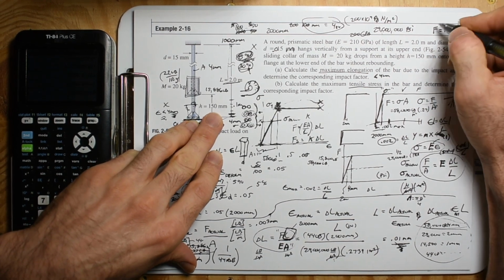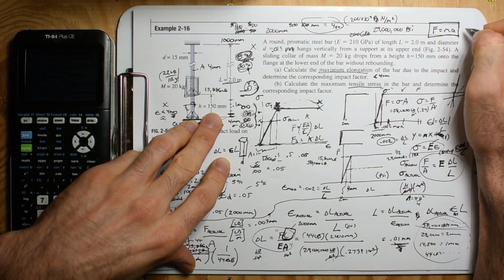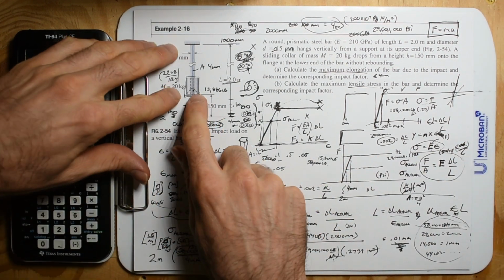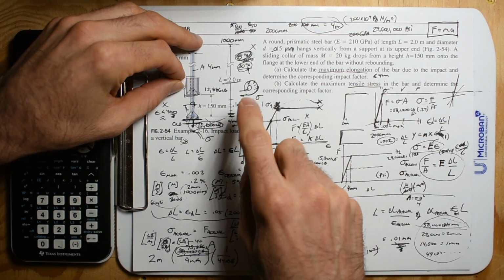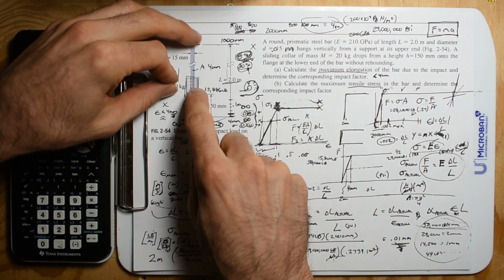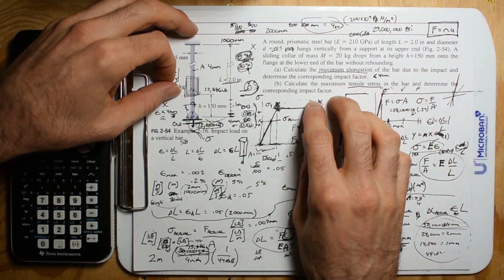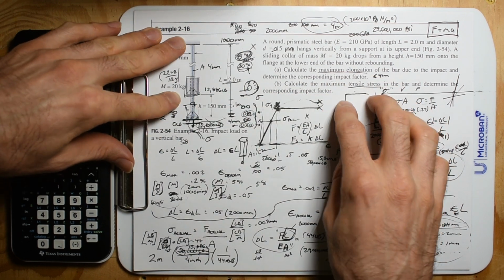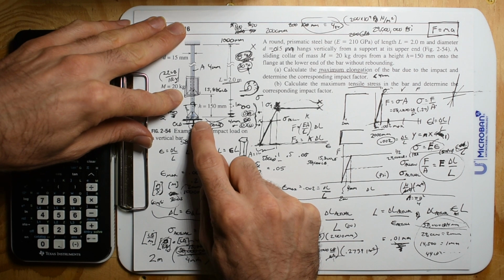I really like to explain it in terms of F equals ma, because we're going to drop this from some height and it's going to have a velocity. Because of gravity, the acceleration on it is 10 meters per second squared. So every second this is in free fall, it's going to gain a speed of 10 meters per second.